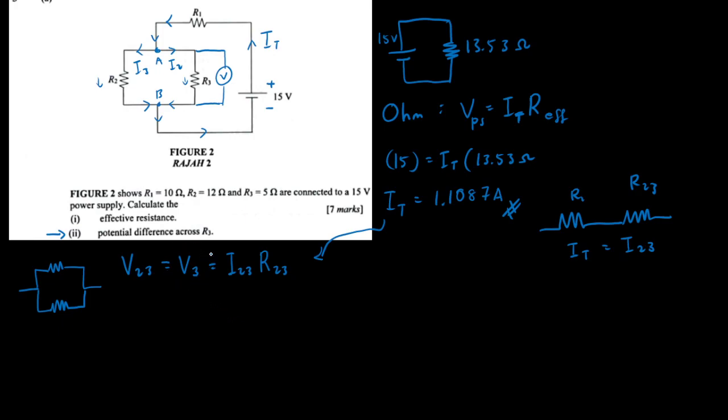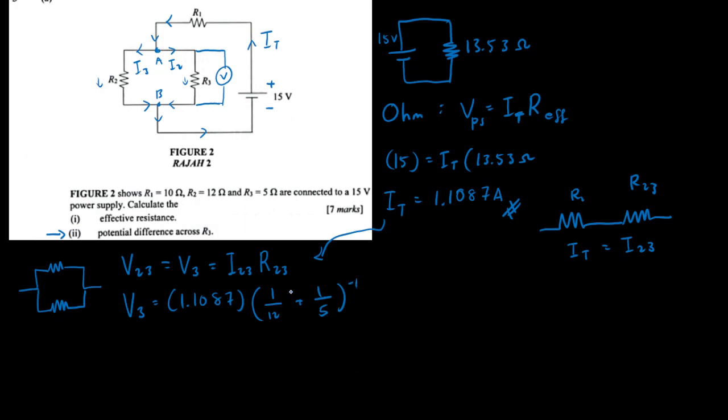So I can work out what my potential difference across R3 is, simply by assuming I23 is equal to I total. I can calculate V3 by substituting 1.1087 for the current, and my R23, which is simply 1 over 12 plus 1 over 5, and an inverse of that.